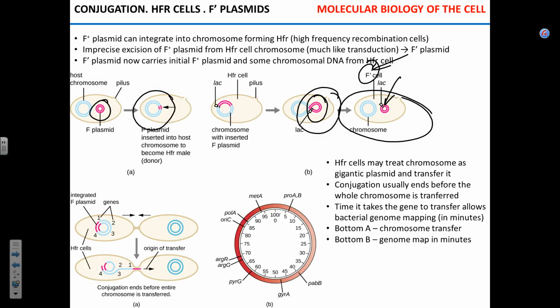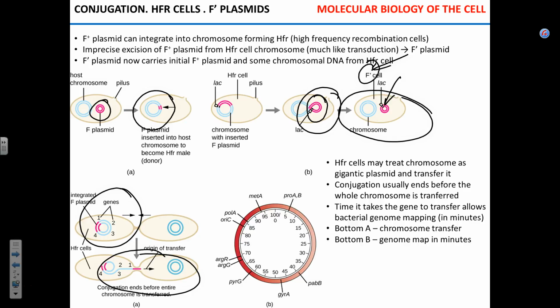Okay? The craziest part is that sometimes the F plasmid that's integrated in the chromosome attempts, well, it's not like physical attempts, but it has genes that send such a signal. It will try to transfer the entire genome of the donor cell into the recipient, okay, during conjugation.